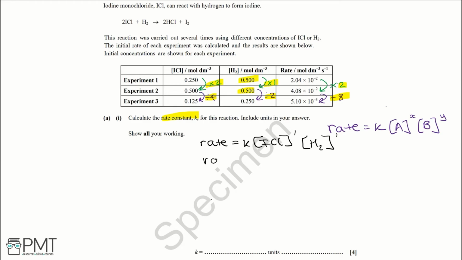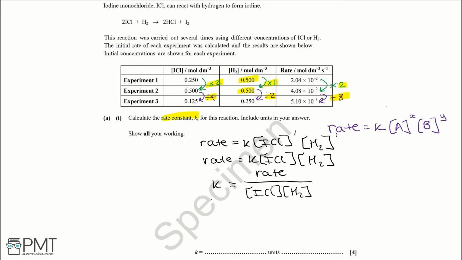So we could rewrite this as rate equals K, concentration of ICl, multiplied by the concentration of H2. Using the data in experiment 1, we can work out K, because K will be equal to rate divided by the concentration of ICl multiplied by the concentration of H2.